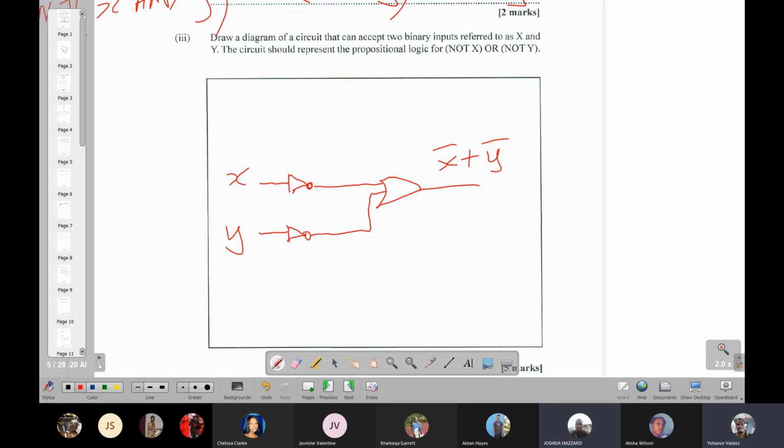No, sir. So we have to show the NOT X plus NOT Y on the diagram? If we have to show the NOT X, it's recommended, or you could put an output value like F or D or something. You don't have to put it, it's not mandatory, but I prefer to see something at the output here.